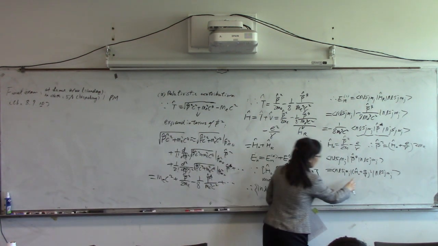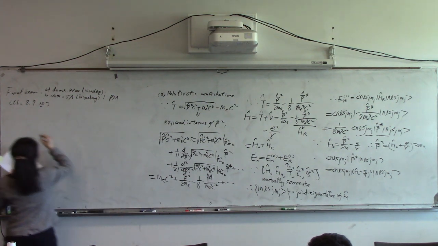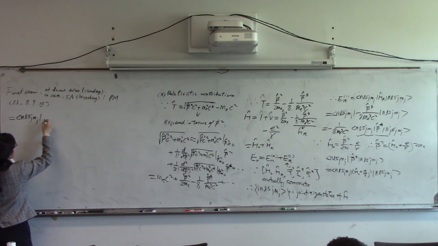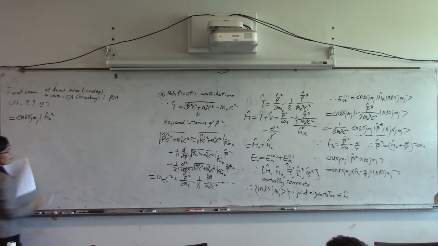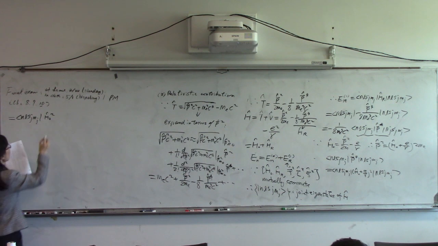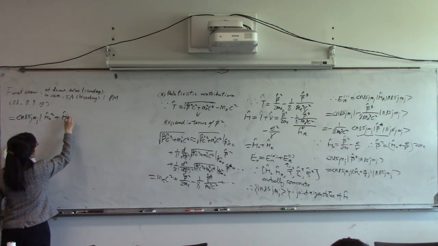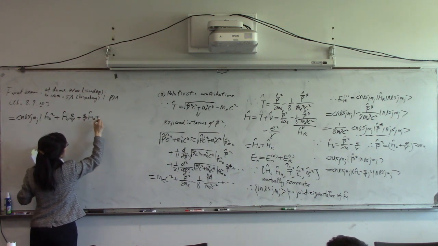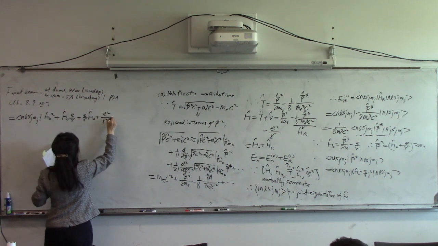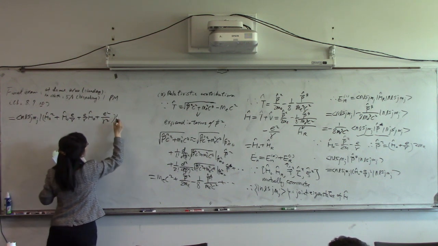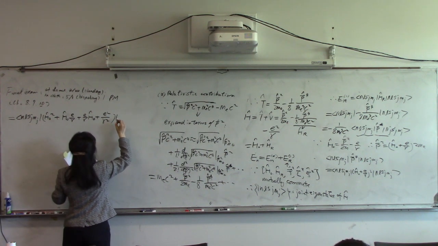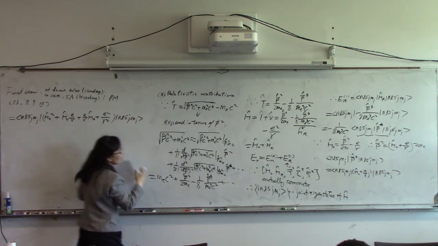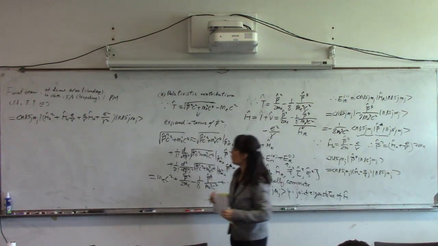Because it's a square, we need to expand it. That is H naught squared, because H naught commutes with itself, so we can take the square. The second term is H naught e squared over r, the third term is e squared over r H naught, and the last one is e to the fourth over r squared, right? We expand this square, so we have 4 terms.